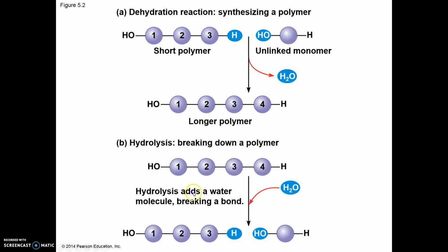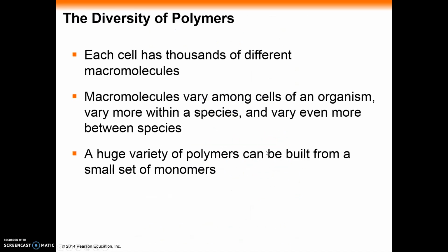The reverse is also true. If we take this 4 subunit polymer, we can add water and break that bond. Again, both of these reactions are facilitated by an enzyme. They don't tend to happen by themselves. There are thousands of different macromolecules in each of our cells.